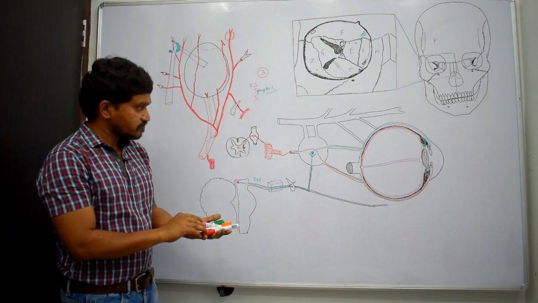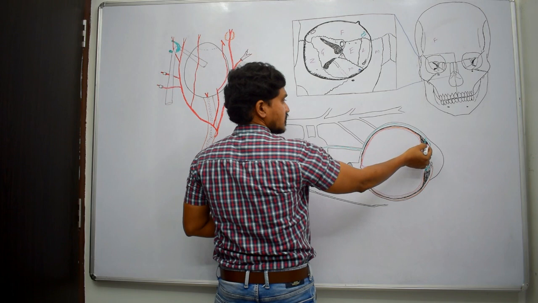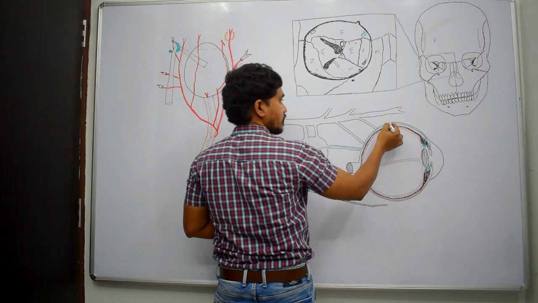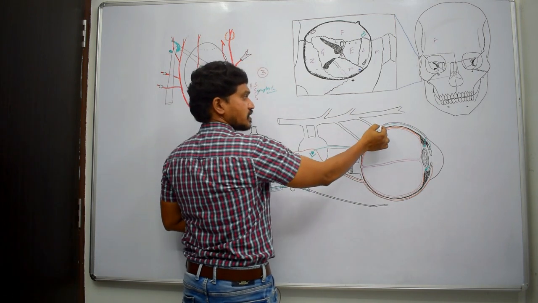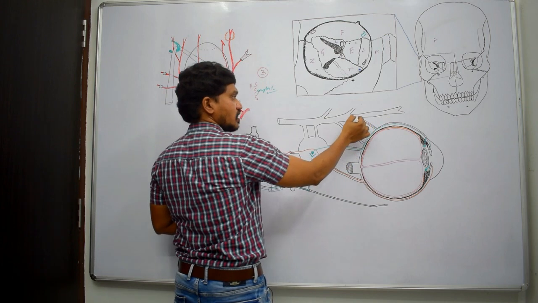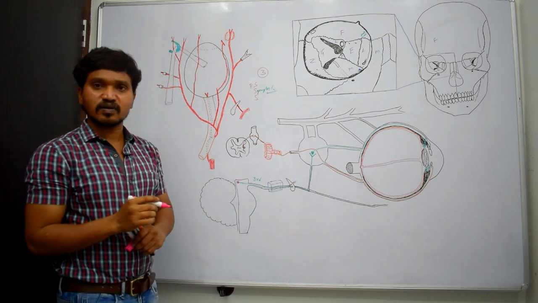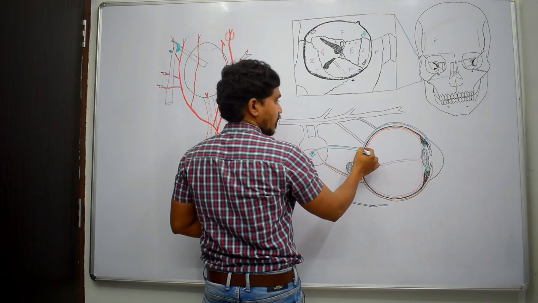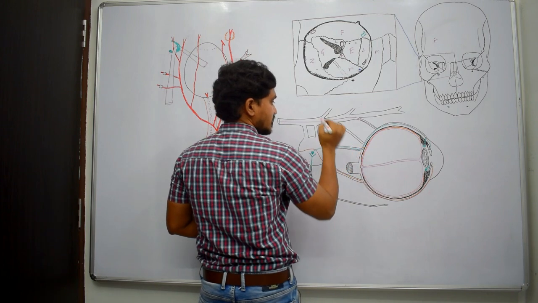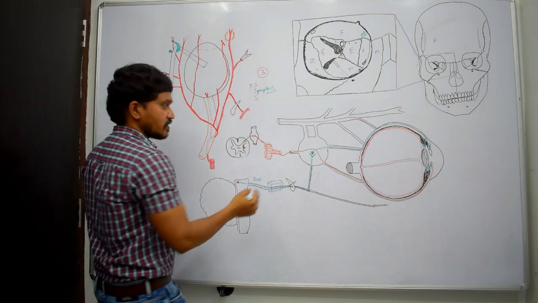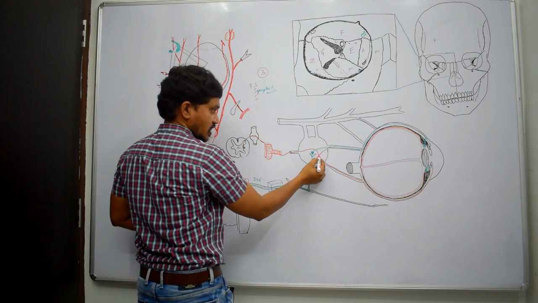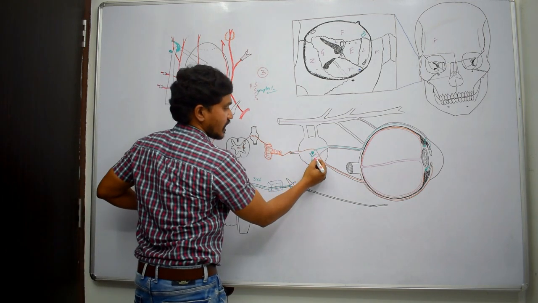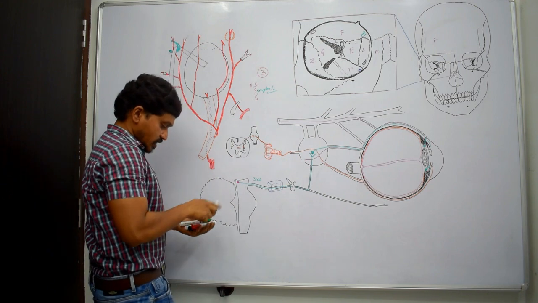Those sensations from the eyeball also run in the same space, and some fibers pass through the nasociliary, right, and some fibers pass through the short ciliary nerves, right, then they pass through the ganglion, but here no relay. Without relay, they just pass through the ganglion.